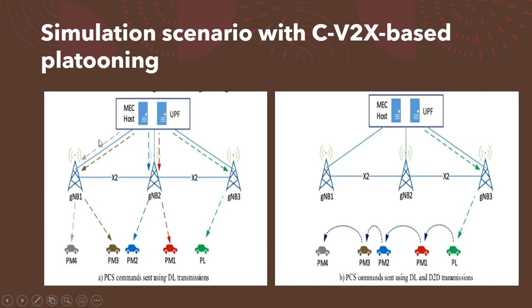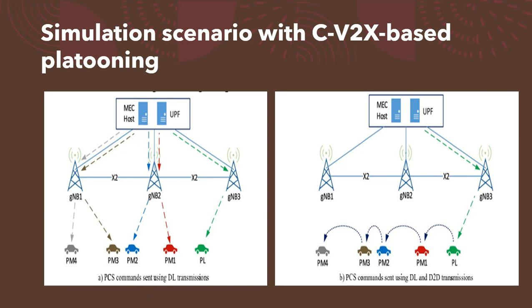Five vehicles are moving along the road, equipped with the NR NIC so that they can exploit 5G connectivity. The service offered by the MEC host is a form of platooning. In particular, the first vehicle is the platoon leader, whereas the others are the platoon members. At the beginning of the simulation, vehicles have different speeds and distances from their respective predecessors.